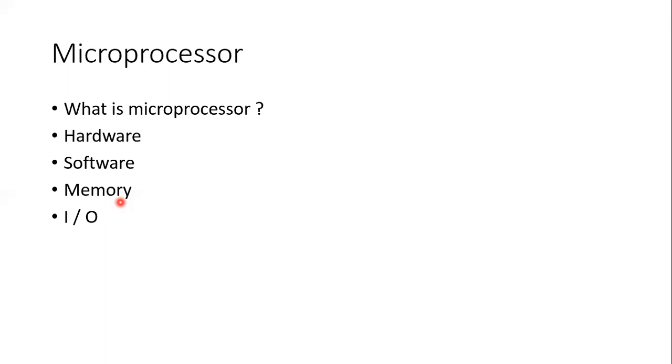Then input output devices. The data can be fed through the input devices, and then the output is generated using the output devices. That is, the microprocessor reads the instructions from the memory and processes the data according to the instructions.